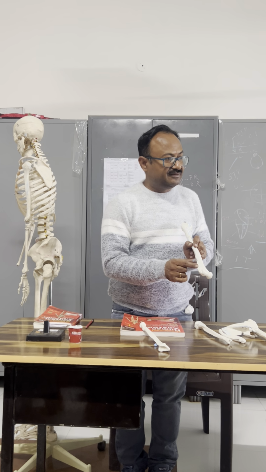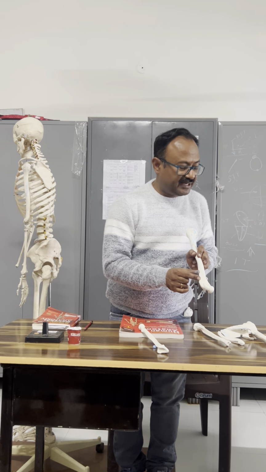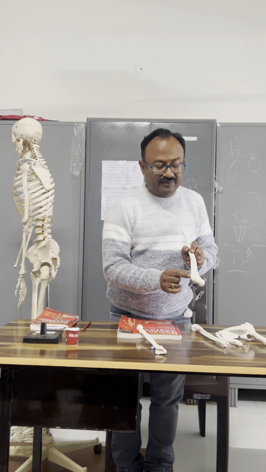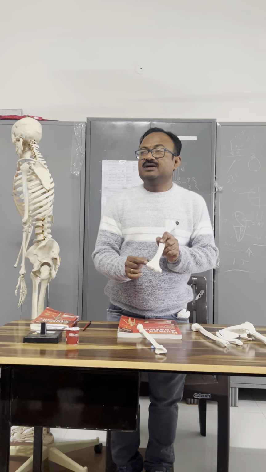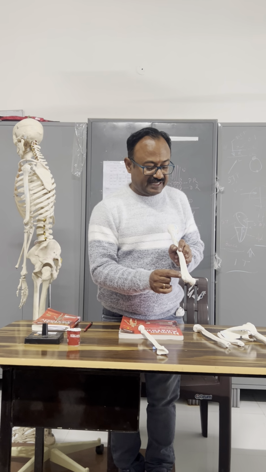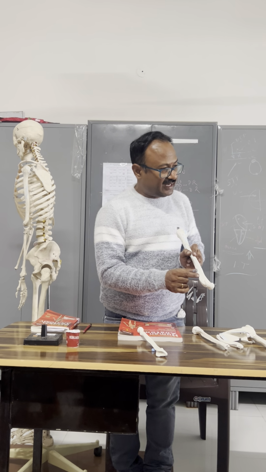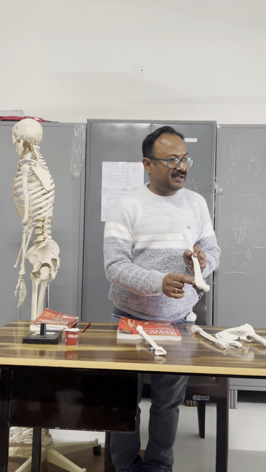Upper 2/3 part gives origin to brachioradialis. Okay, brachioradialis, upper 2/3, and lower 1/3 part gives origin to extensor carpi radialis longus. So done. Brachioradialis and extensor carpi radialis.